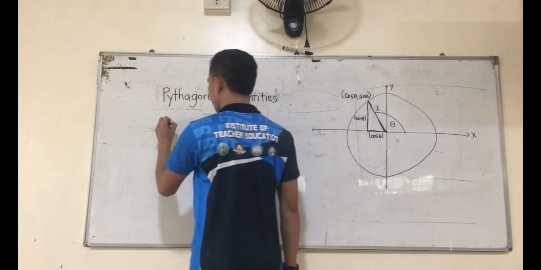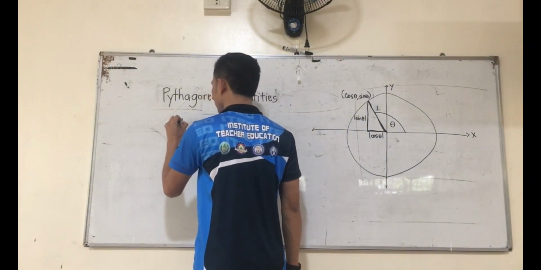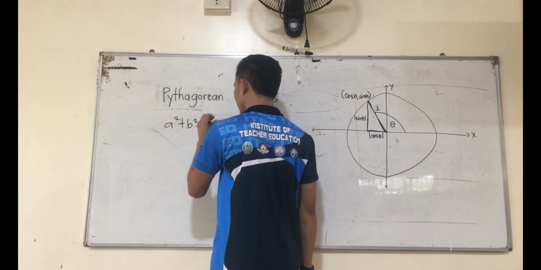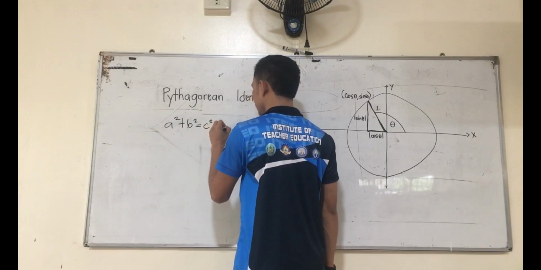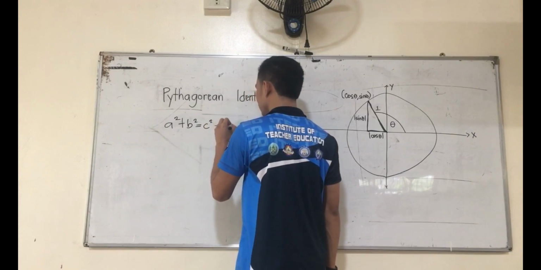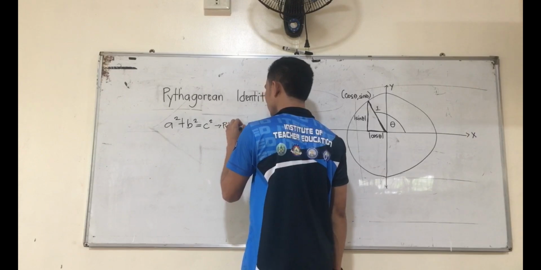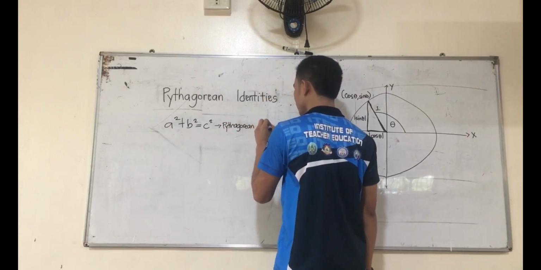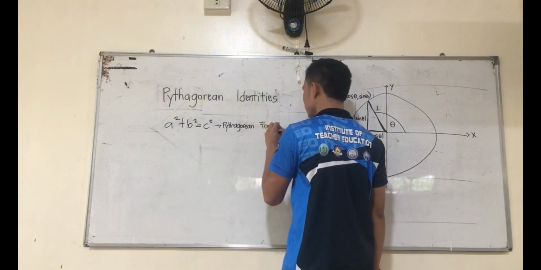Since we are going to derive Pythagorean identities, we can use the Pythagorean formula, a squared plus b squared is equal to c squared.